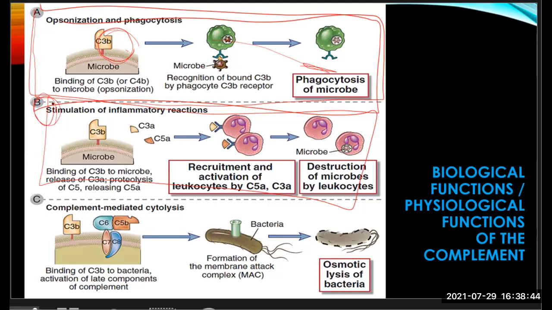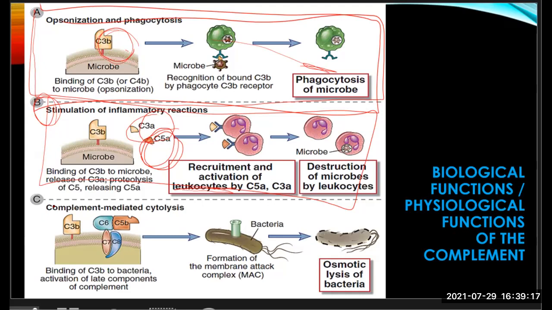While in row B, the proteolytic products C5a, C3a, and C4a to a lesser extent stimulate the recruitment and activation of leukocytes, so that they can have an effect on inflammation and eventually lead to the destruction of microbes by leukocytes.